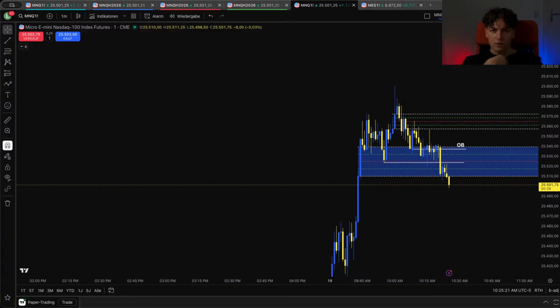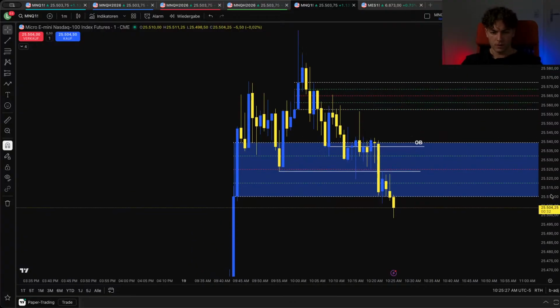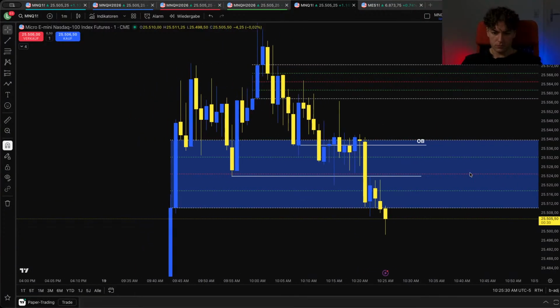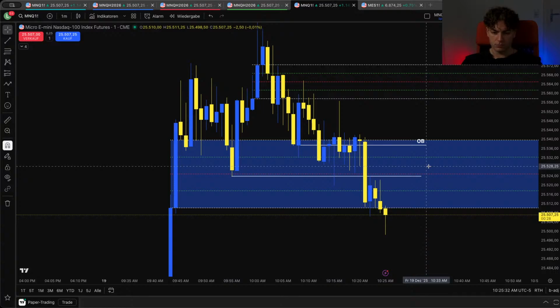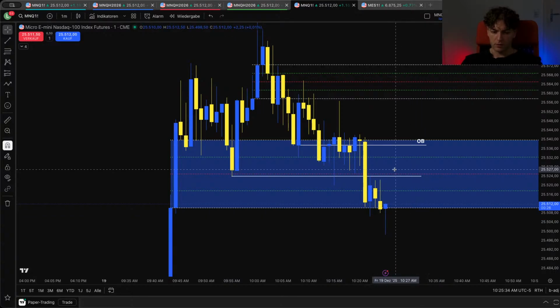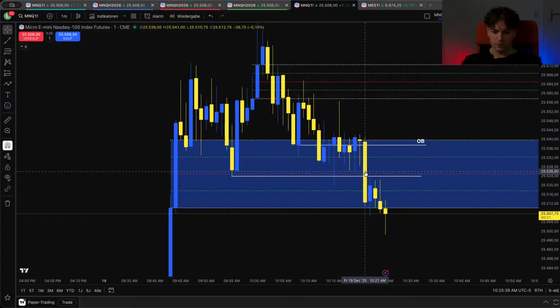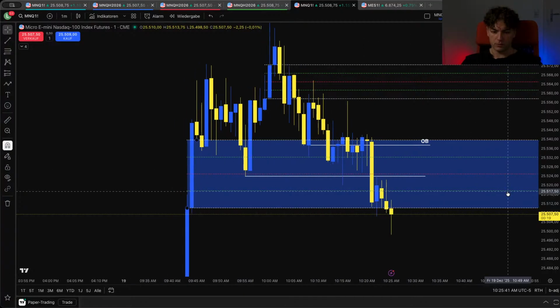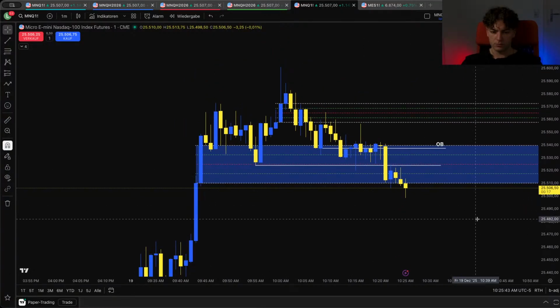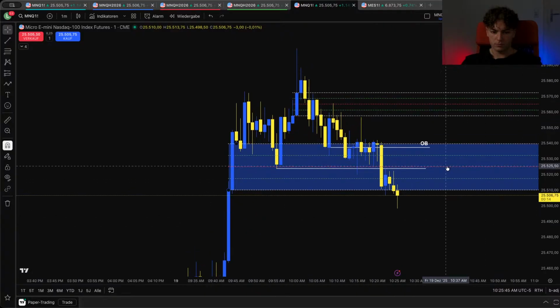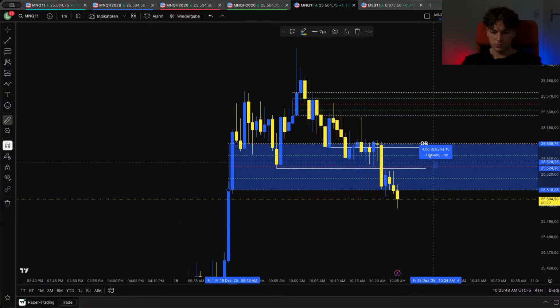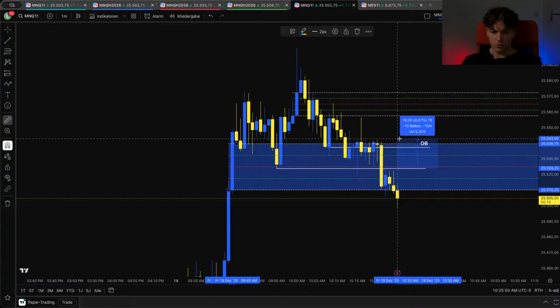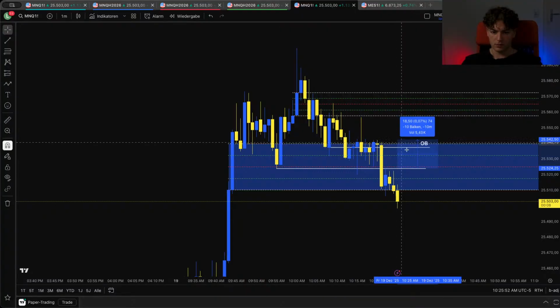Okay, S&P moving lower right now. Nasdaq still the weak one. So I guess it would be even better if we keep that fair value gap open. But we could actually see something like this.